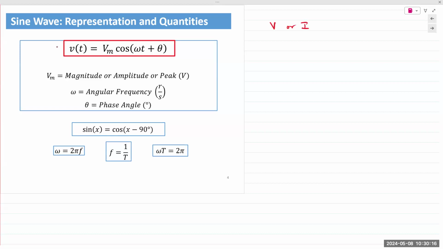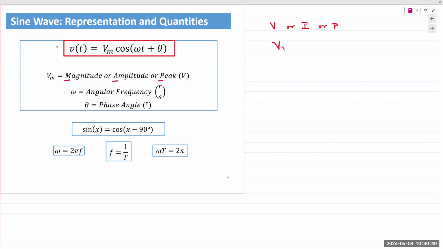Applies equally to all. So a sinusoidal waveform that goes to a positive peak and a negative peak, coming back to 0, can be represented mathematically using this equation. The M stands for magnitude or amplitude or peak.